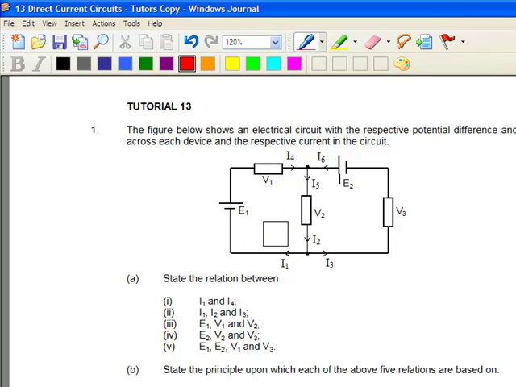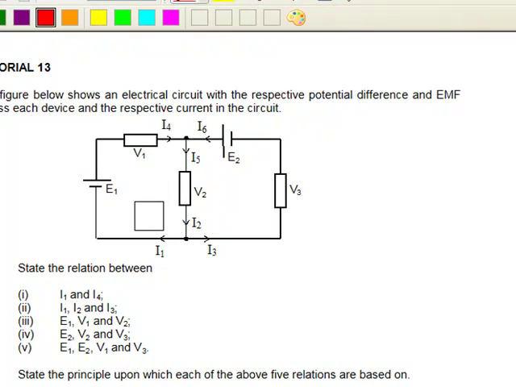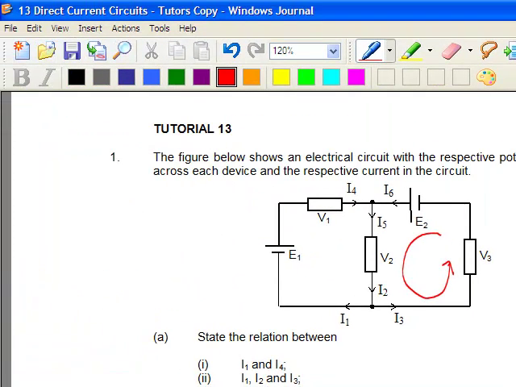Now let's go to part 4. E2, V2, and V3. Which loop will you take? The other box, this loop. Do we draw the direction of the loop according to the conventional current? That will help you. If you draw the opposite, then your E2, V2 and V3 may become negative.